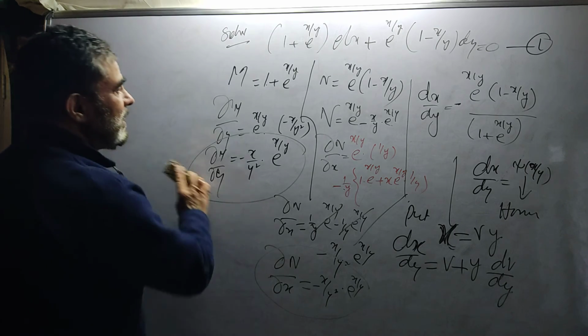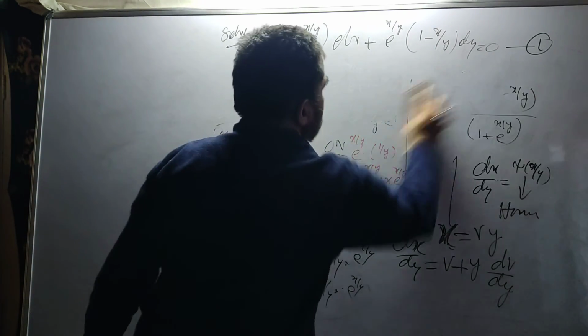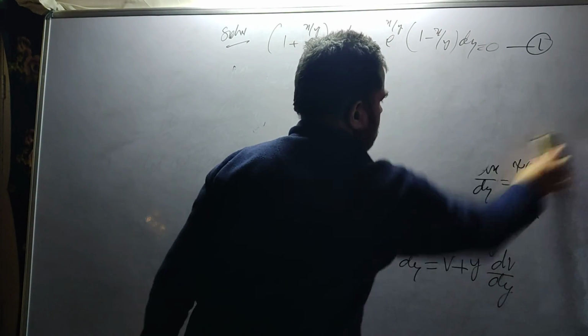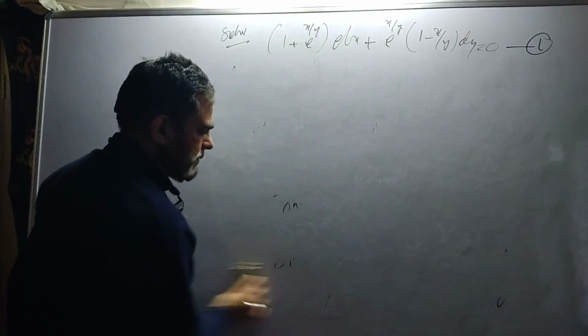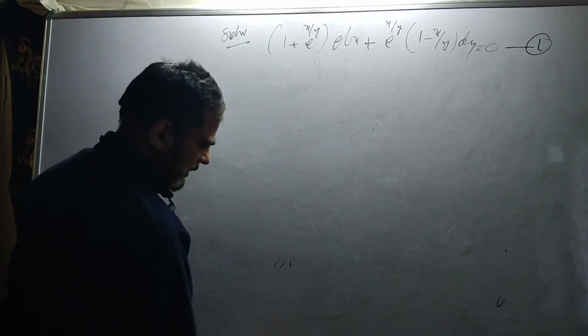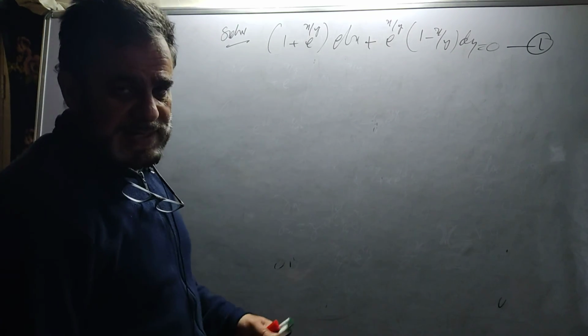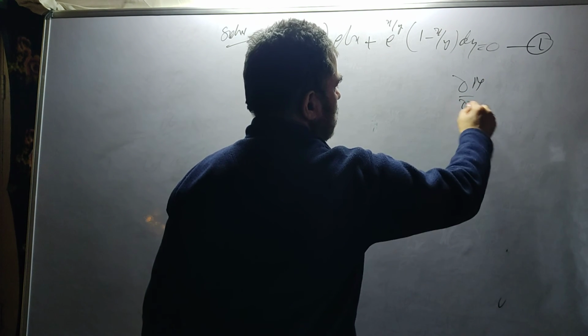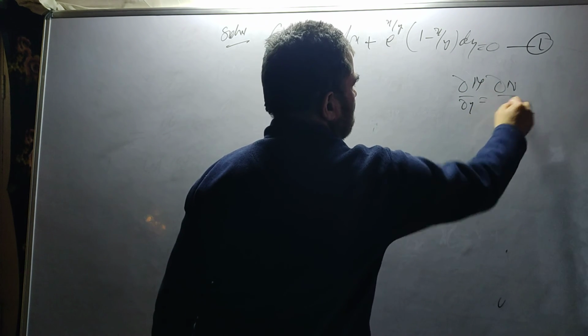This comes out equal. It is exact now. You have proved partial of M with respect to y comes out to be partial of N with respect to x.